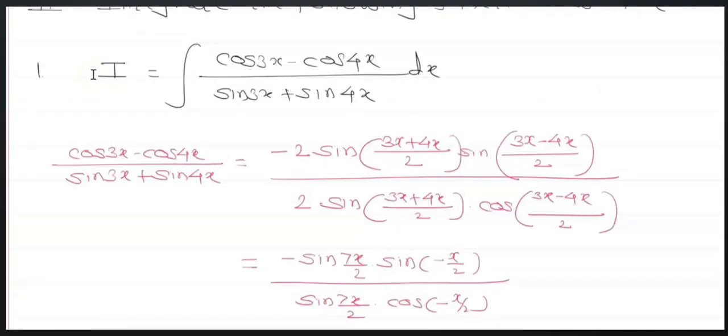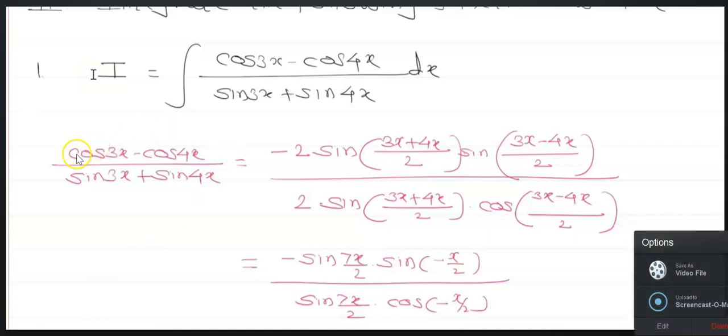Now see this example, cos 3x minus cos 4x upon sin 3x plus sin 4x. Here we will apply the formula for cos c minus cos d, that is equal to minus 2 times sin of (c plus d) upon 2 into sin of (c minus d) upon 2.